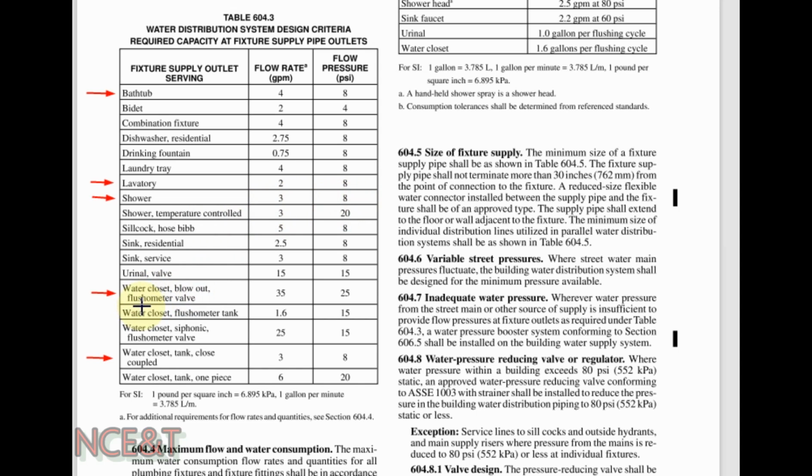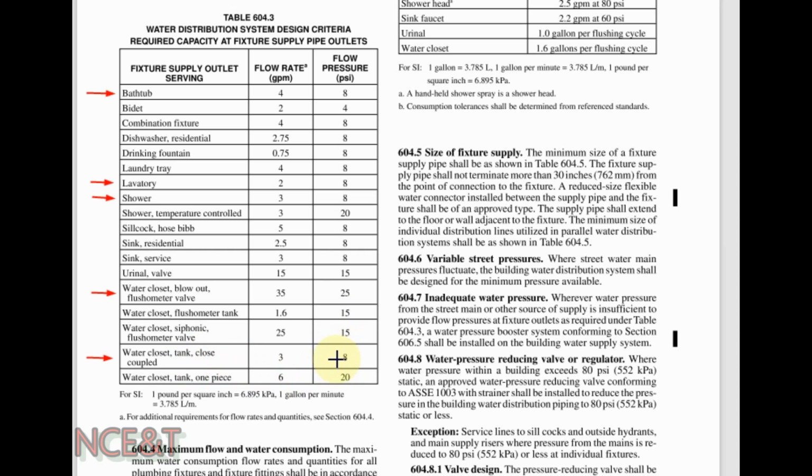For water closet with flushometer we need 35 GPM of water at the rate of 25 psi pressure. For the water closet with the flush tank fixed to it, we need 3 GPM and at a pressure of 8 psi.